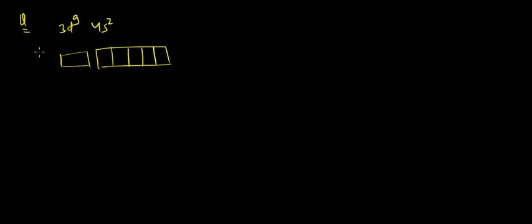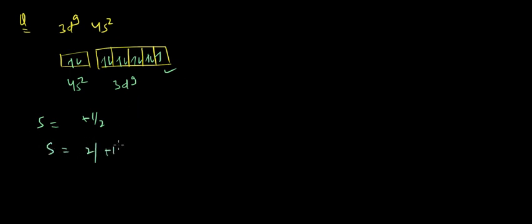Let's move on to the next example. Suppose for the 3d9 and 4s2 configuration, what would be the spin multiplicity? If we draw the structure, first we will see something like this: 3d9, this is 4s2, this is 3d9, 1 2 3 4 5 6 7 8 9. Here the total spin would be only plus half, the rest all would be cancelled by each other, so the spin multiplicity would be 2.